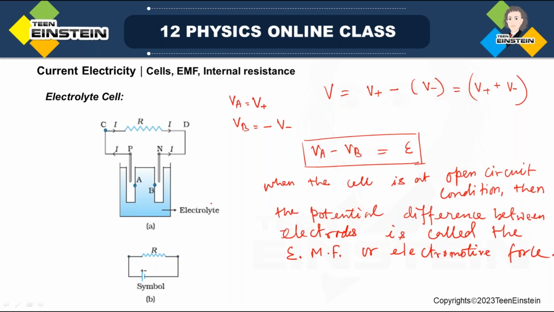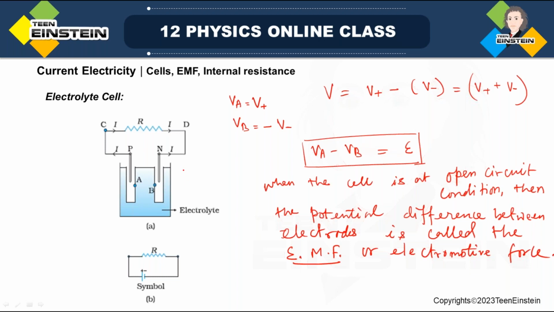Do you think this is a force? It is just named electromotive force. It was given this name when the phenomenon of electricity was not very much understood. So EMF is the potential difference between the electrodes when the cell is not in closed circuit condition, or when it is in open circuit condition.